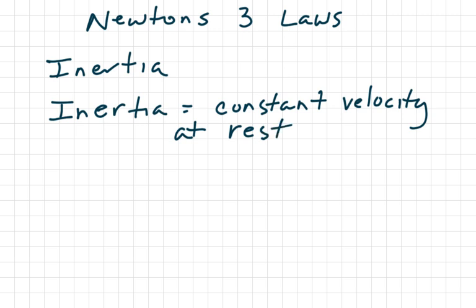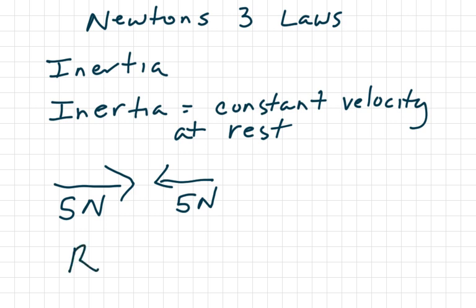Okay. And what is a net external force? A net external force means that if I'm pushing this way with a force of 5 newtons, and someone is pushing this way with a force of 5 newtons, and we want to know the R, the resultant force, we get 5 newtons minus 5 newtons equals 0. So we have to have a net force.